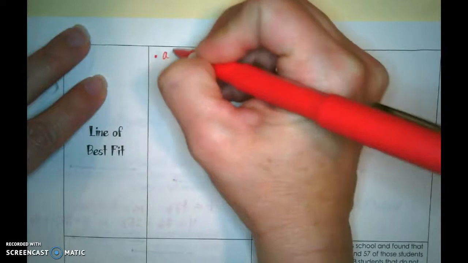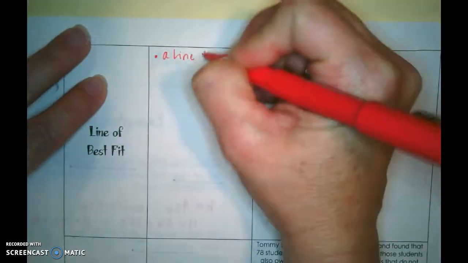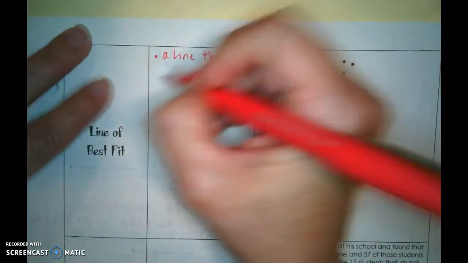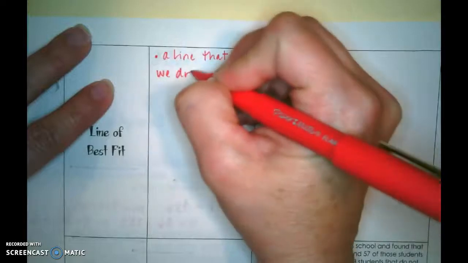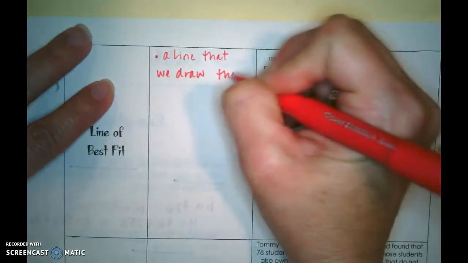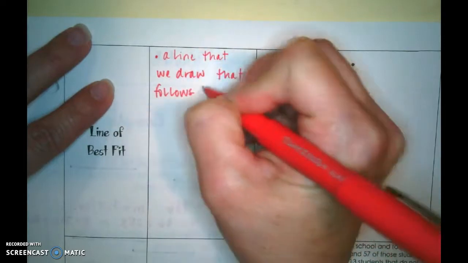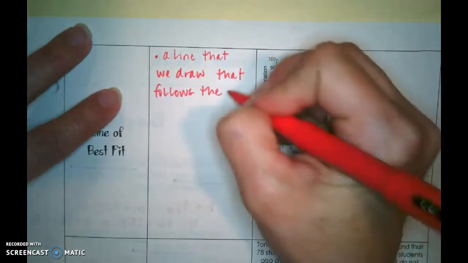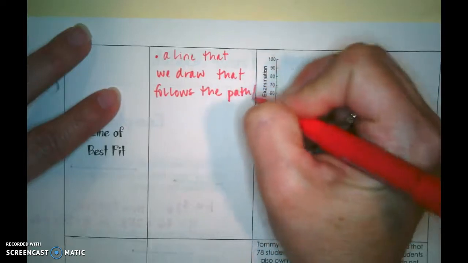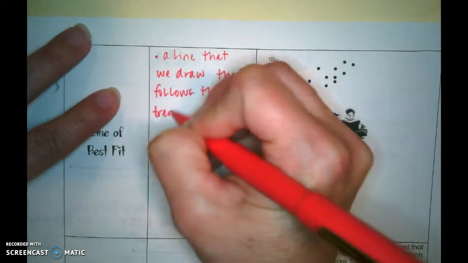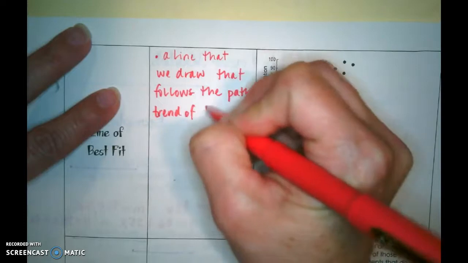This is a line that we draw that is going to follow the path, or we could say the trend, of the scatter plot.